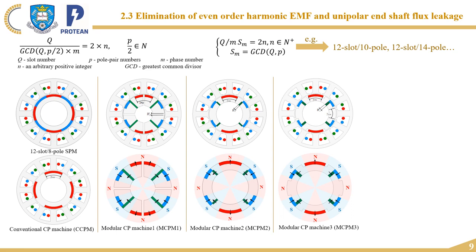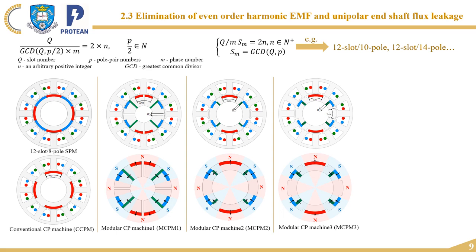We can see that the rotor is divided into 8 parts, and tangentially magnetized PMs are set here to improve the output torque. By removing the unnecessary flux barrier in the rotor, we can get the MCPM2 as shown in the third column. What's more, by introducing a flux gap at the end part of each PM, I can get the MCPM3.